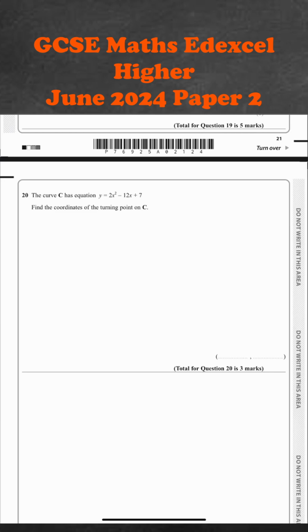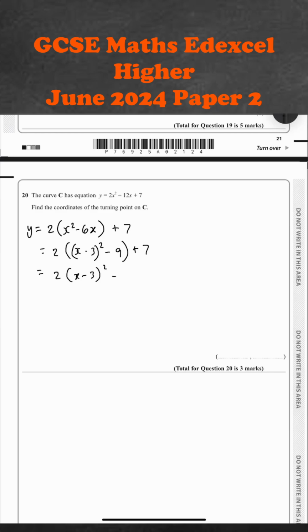Find the coordinates of the turning point on C. So we're going to complete the square here. y equals 2 lots of x squared minus 6x plus 7, which of course can be rewritten as 2 lots of x minus 3 squared minus 9 plus 7, which is just 2 lots of x minus 3 squared minus 11, as we've got the minus 9 times the 2 is your minus 18 plus the 7.